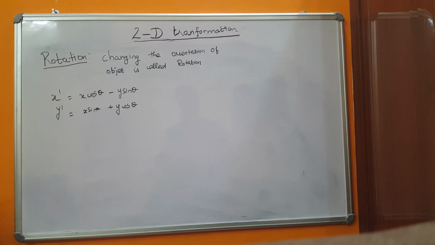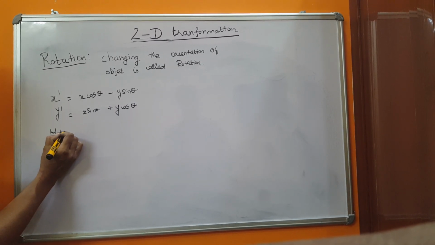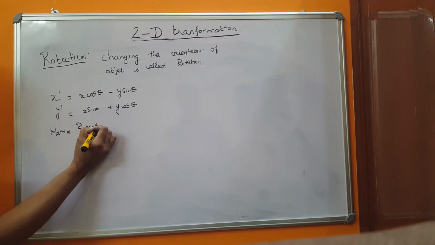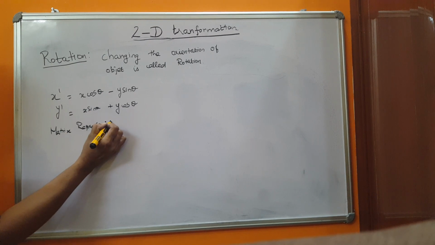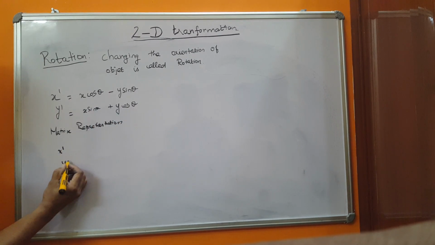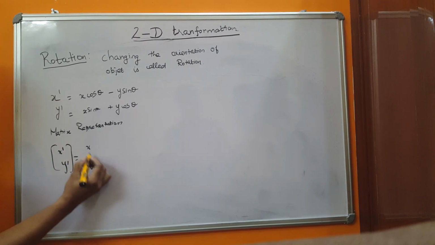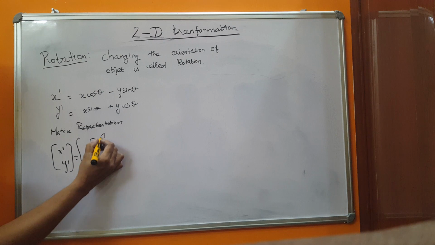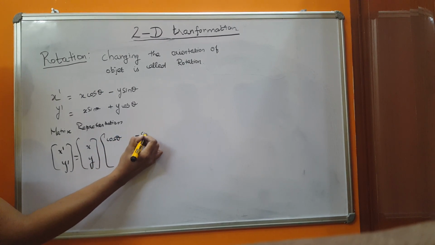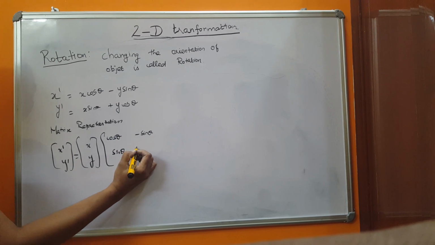In matrix representation, the rotation is x dash y dash, it is rotated point. X y, it is a original point. Then rotation matrix equal to cos theta minus sin theta, sin theta plus cos theta.